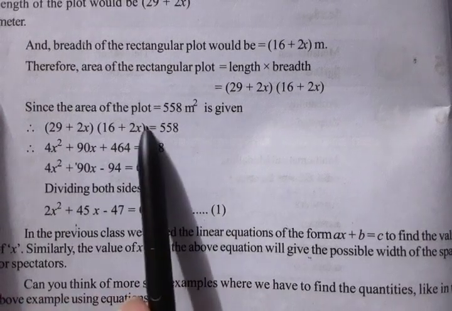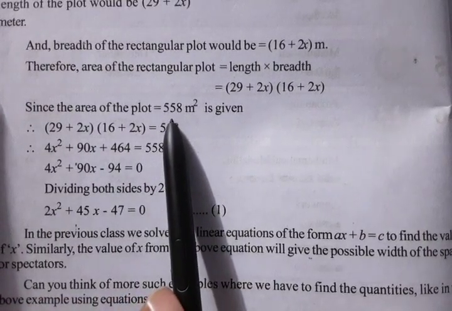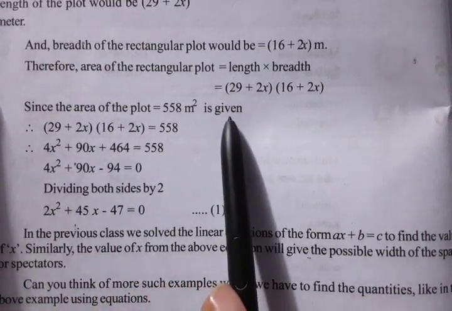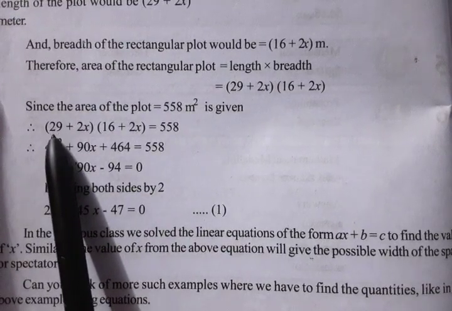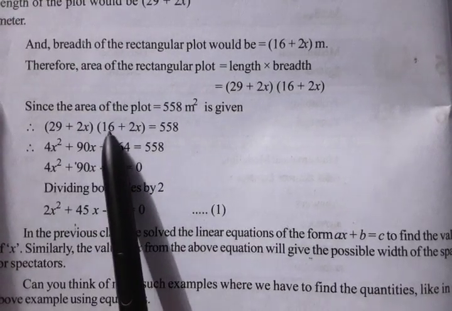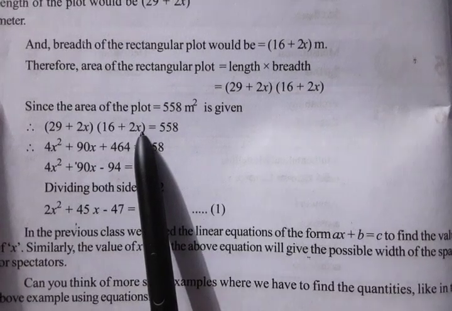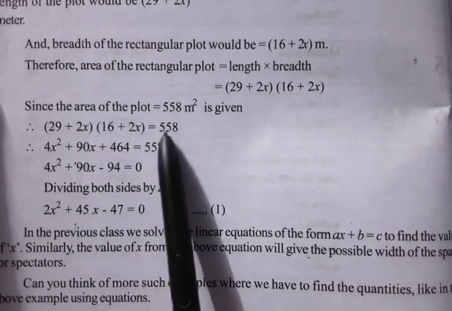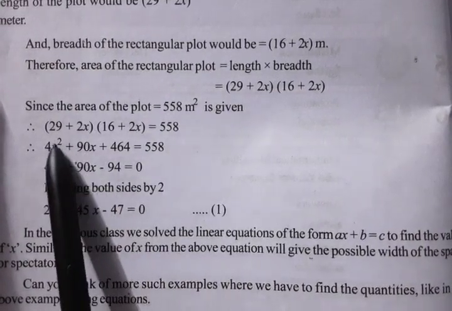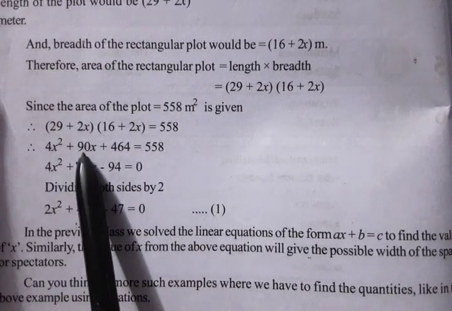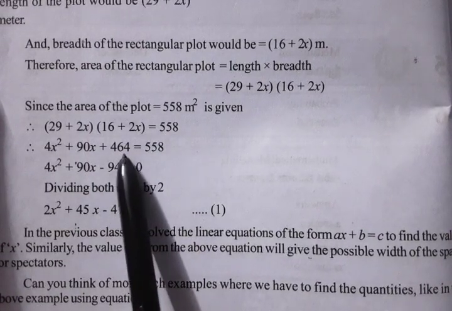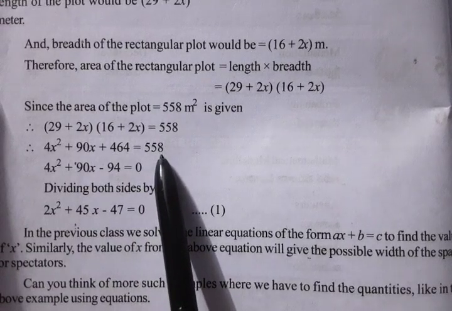The area of the plot is given as 558 square meters. So by the formula, 29 plus 2x into 16 plus 2x is the area, and both are equal. Multiplying this out, we get 4x square plus 90x plus 464 equal to 558.